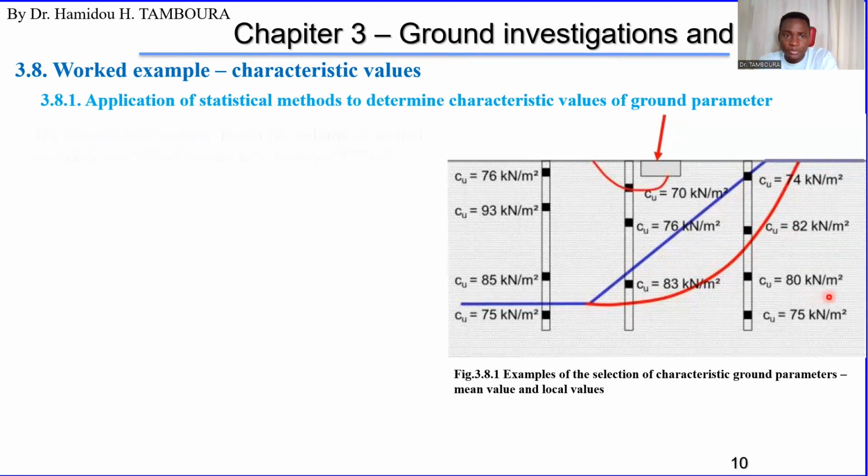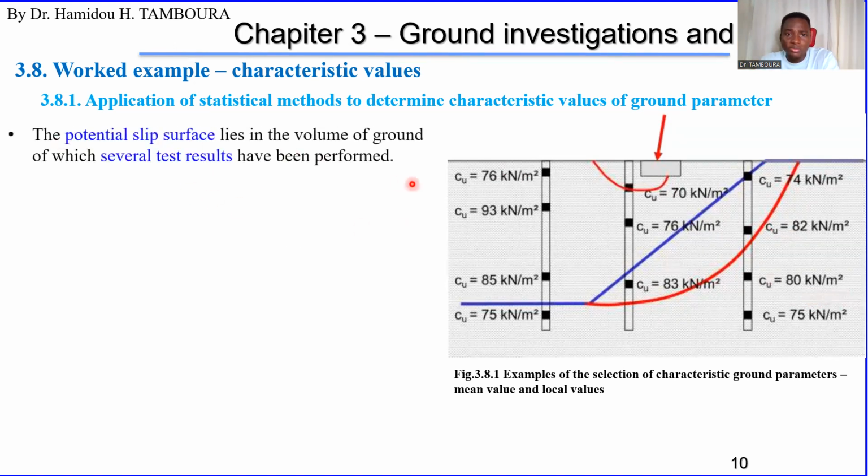Then for this first example, the first part, you then have to estimate a potential slip surface. And as this red line shows, the potential slip surface is this one.